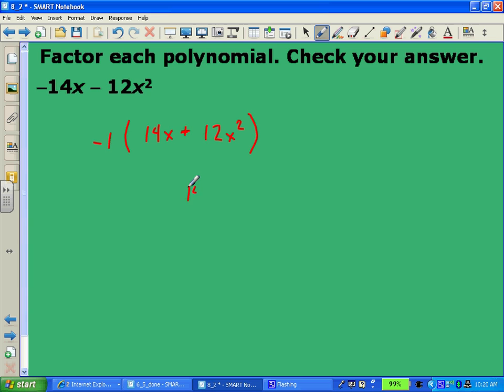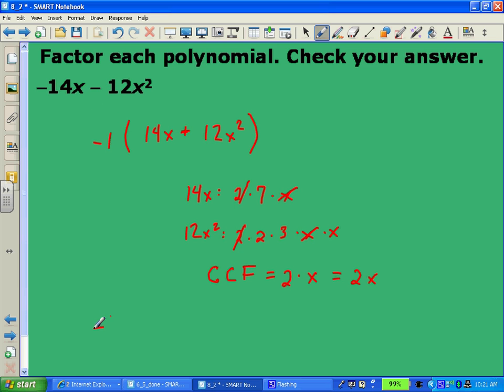Now let's factor the 14x and the 12x squared. 14x is 2 times 7 times x, and this is 2 times 2 times 3 times x times x. So for their GCF, I've got a pair of 2's and a pair of x's. So their GCF is 2x.